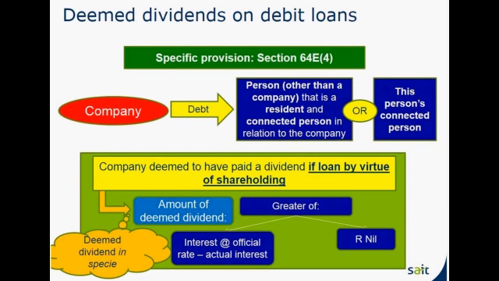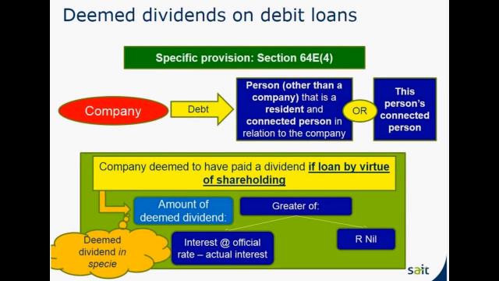An important deemed dividend rule under dividend tax is aligned with what it used to be under STC, and this says usually while this loan is outstanding, you're going to have a deemed dividend which is equal to the greater of the official rate, which here refers to the rate plus 1%, or your actual interest. So it would not be the case if you charge more interest than that.